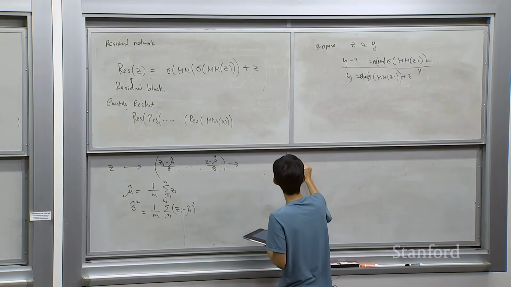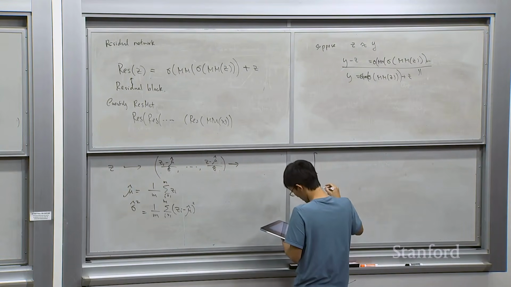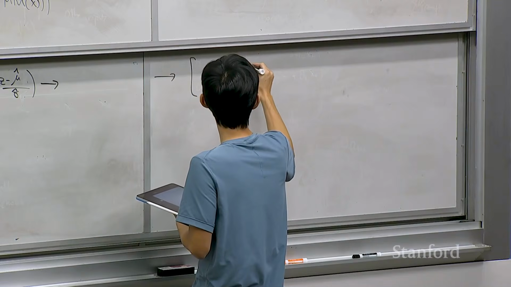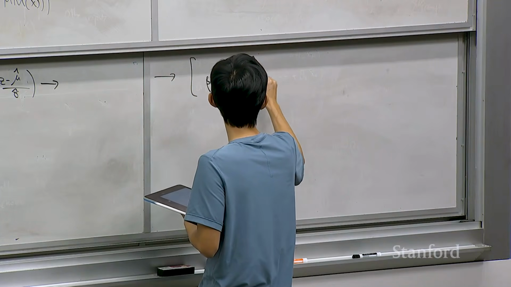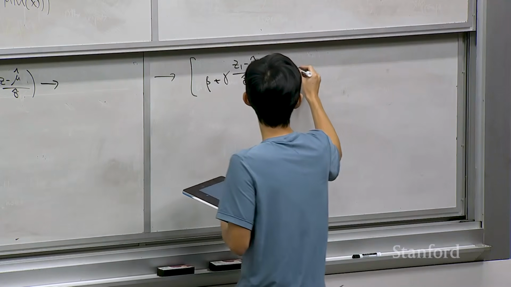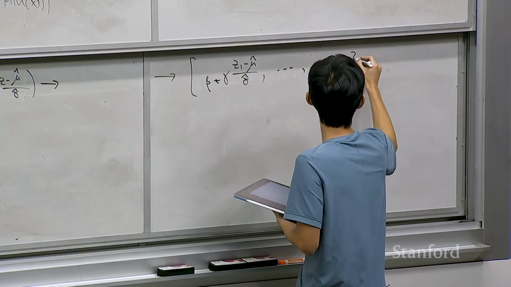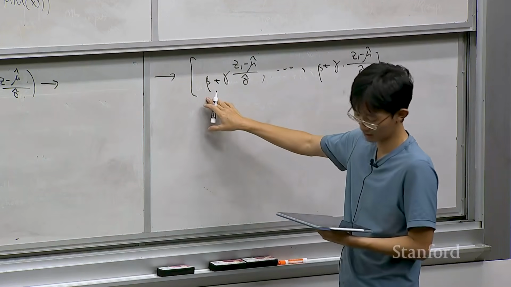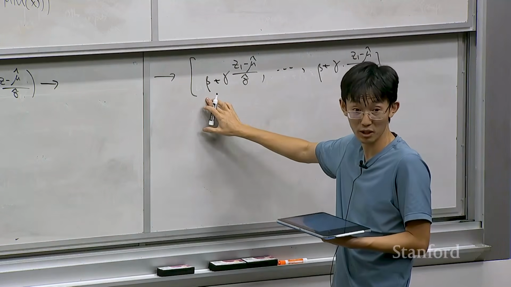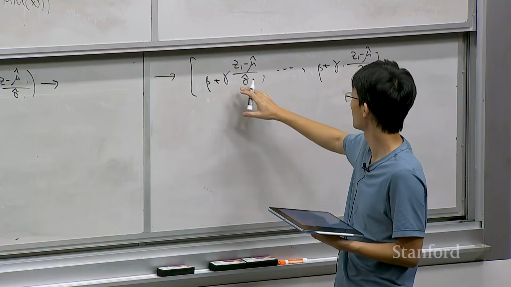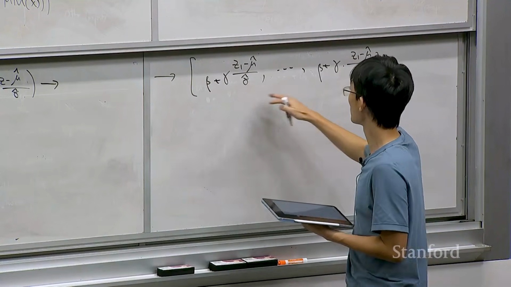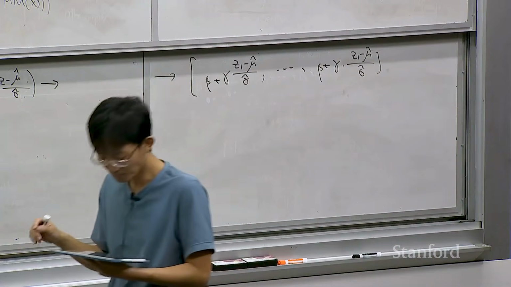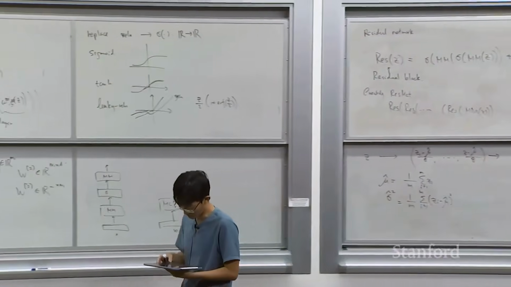So the next step is to turn this into beta plus gamma times z1 minus mu hat over sigma hat. Beta is a variable that you can tune, and gamma is a variable you can tune. So basically this makes a mean beta and a standard deviation gamma. So that's the original layer norm.